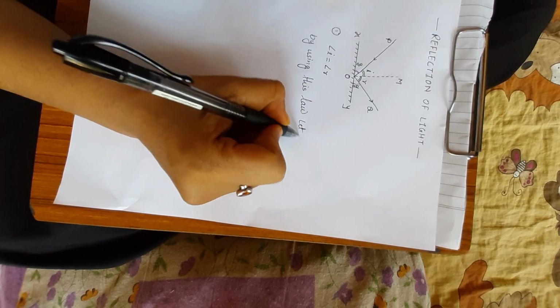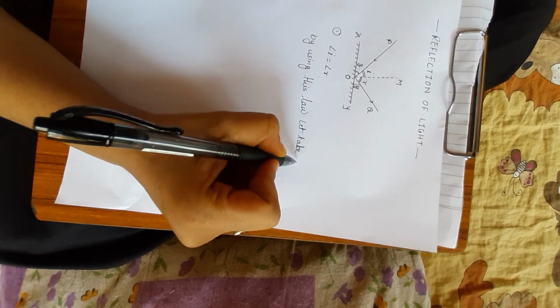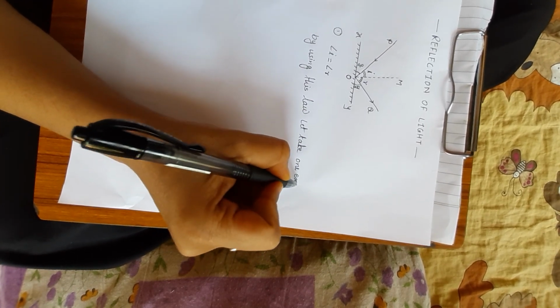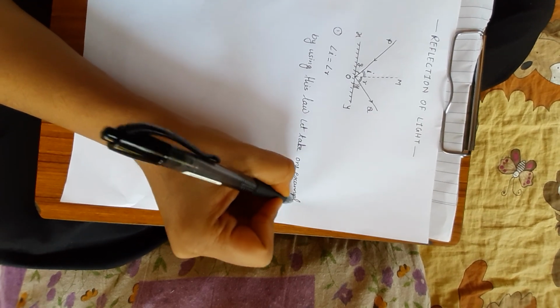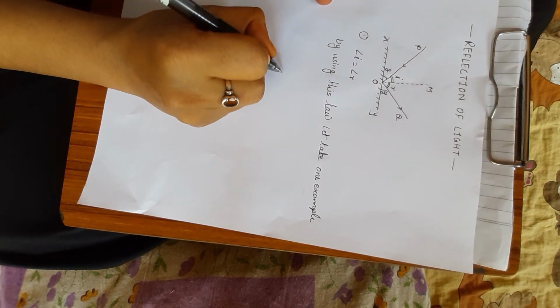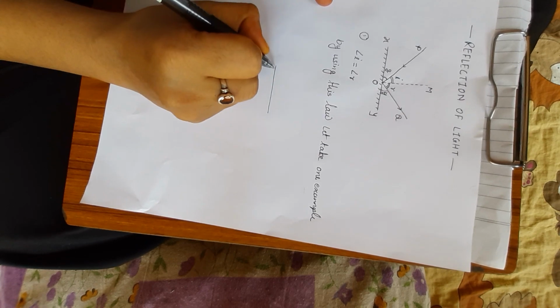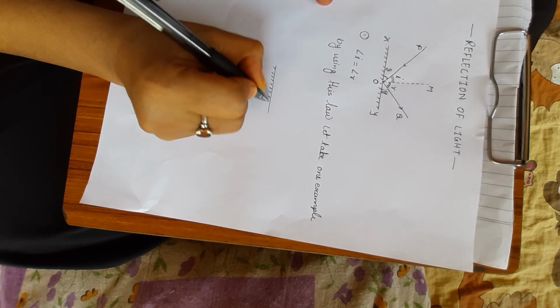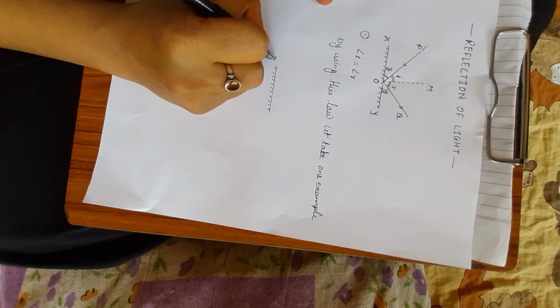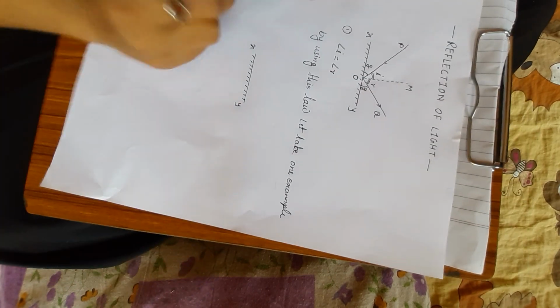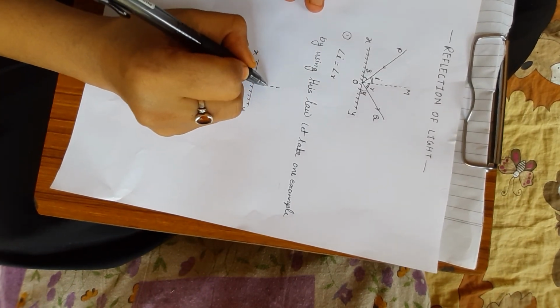let's take one example. Now let's consider a reflecting surface, maybe a mirror. This is the normal.